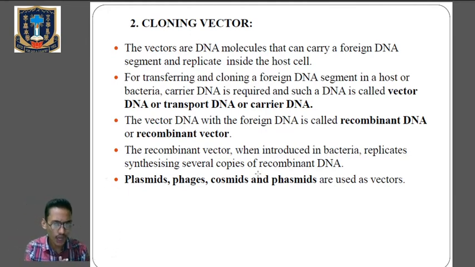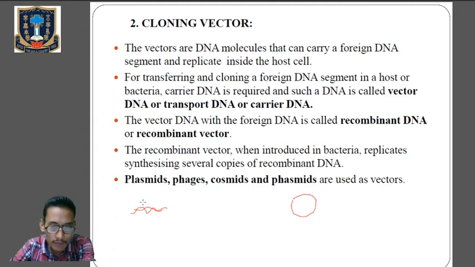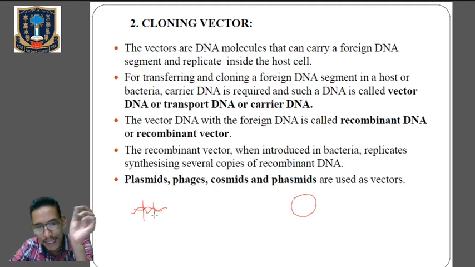Clear? Now the vector carries its own DNA along with the DNA that is foreign. If you can see over here, there is the gene of interest and we have got the extra chromosomal circular DNA molecule, the vector. If you try to recall, with the help of the molecular scissors, restriction enzymes will make a cut in the foreign DNA, and the same enzyme will be utilized to make a cut in the vector DNA also, right?